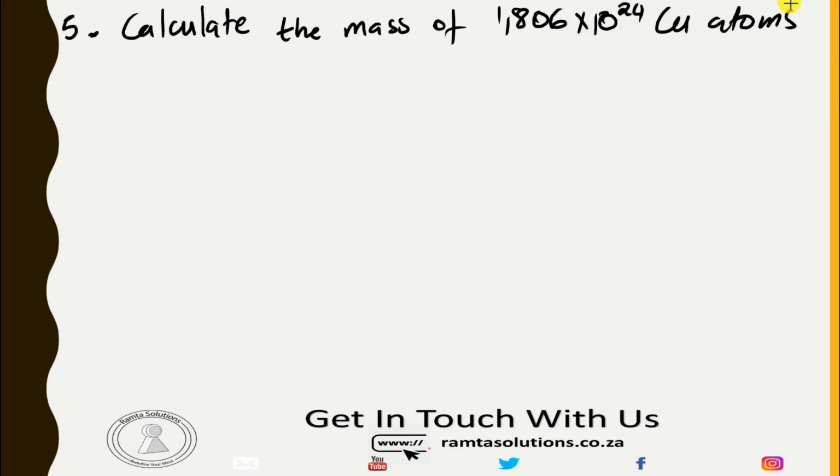So what we need to do now is to ensure that we get the molar mass of copper, relative atomic mass of copper. Okay, we need to make sure that we get it.